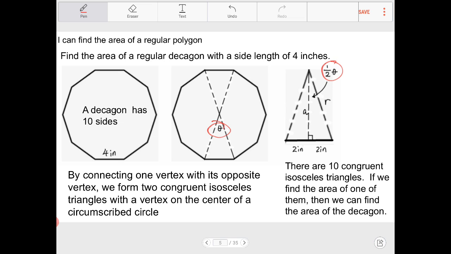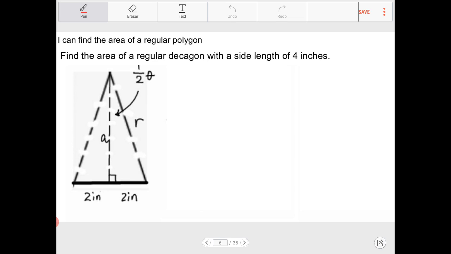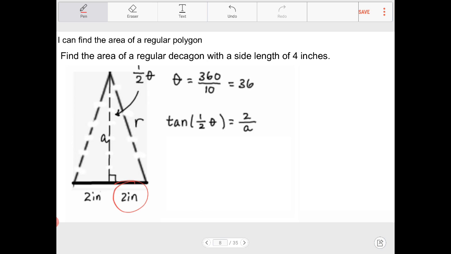That angle must be 18 degrees, because the overall angle is 36. Recognizing that half of it is 18, I can take tangent, because I have opposite to adjacent. I can solve for what A is to get the height of the triangle, to then find the area of the triangle.